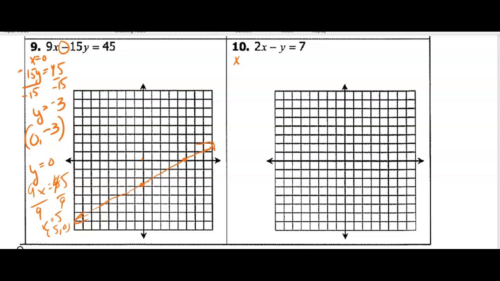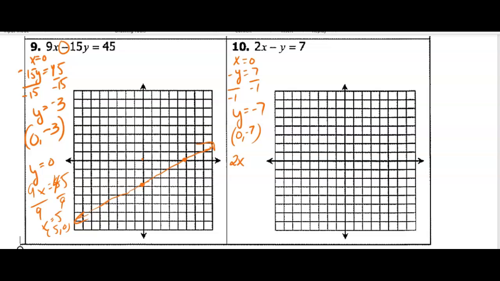Last one. When x equals 0, negative y equals 7, so I divide by negative 1. Y equals negative 7. So I have 0, negative 7 as a point.